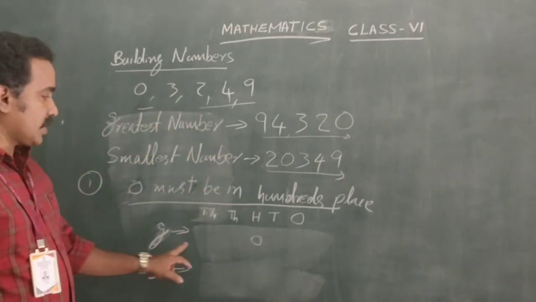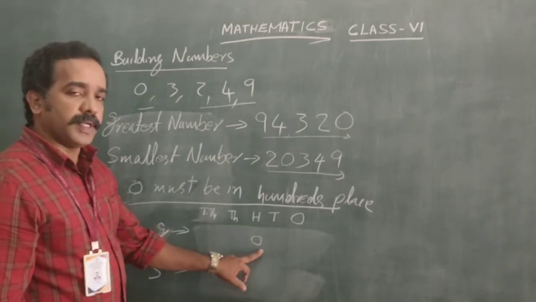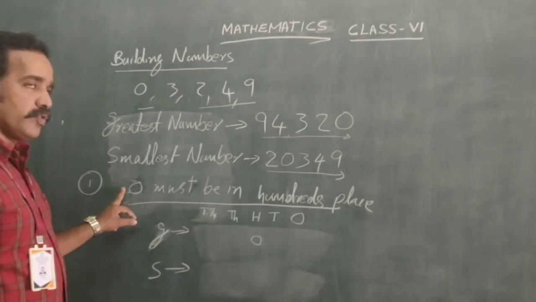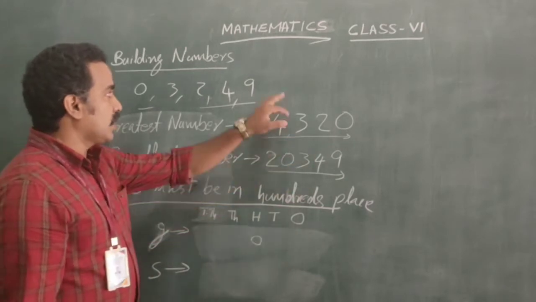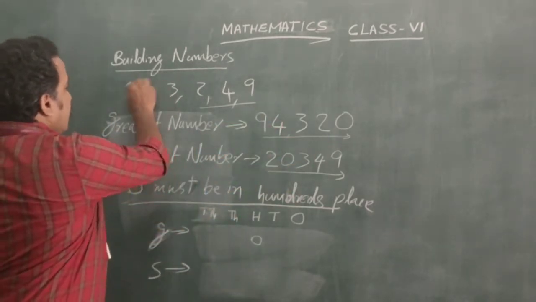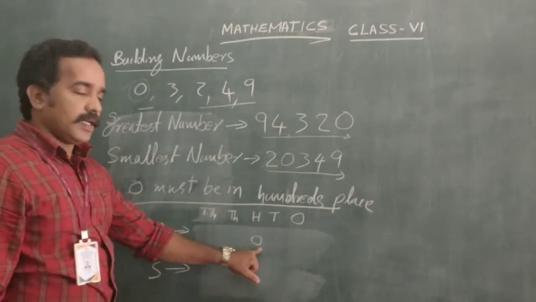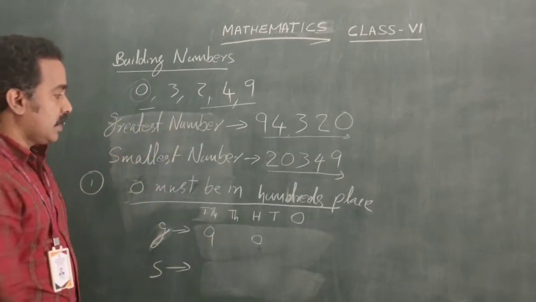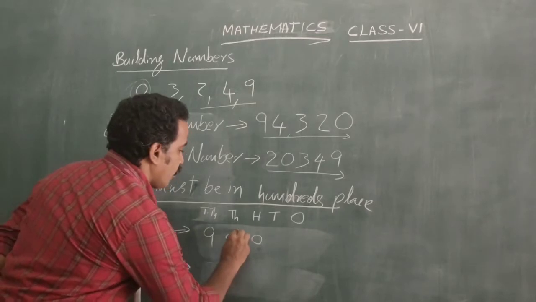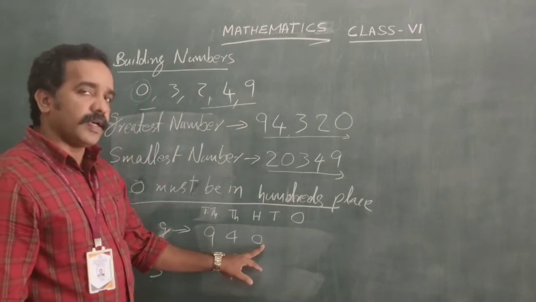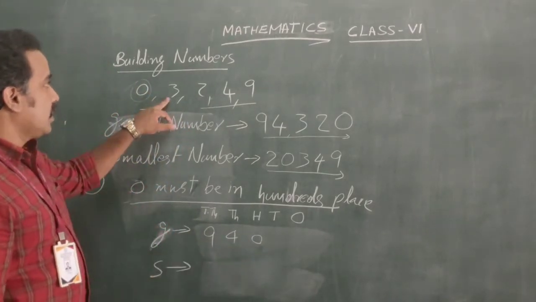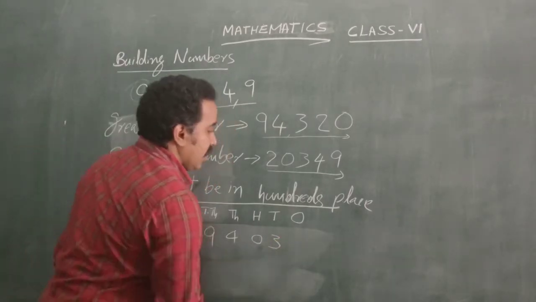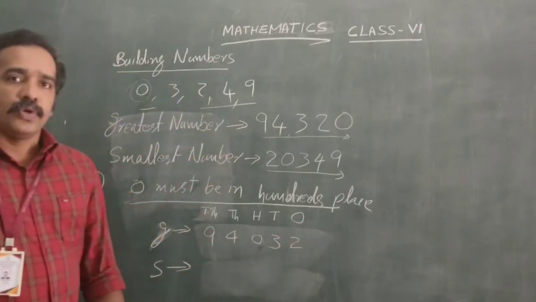To form the greatest number, 0 must be in the hundreds place according to this condition. Then look at the remaining digits. 0 is already finished, that is in the hundreds place, and then 9, then next digit 4. 0 is already there in the hundreds place. What is remaining? 3 and then 2.